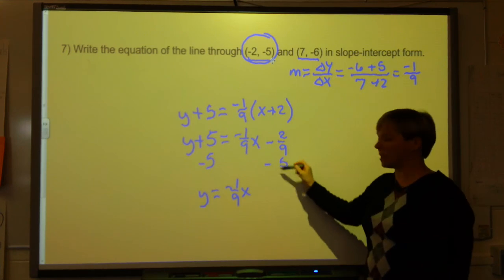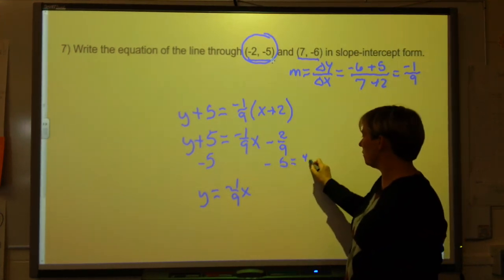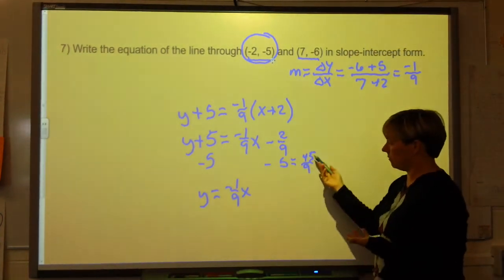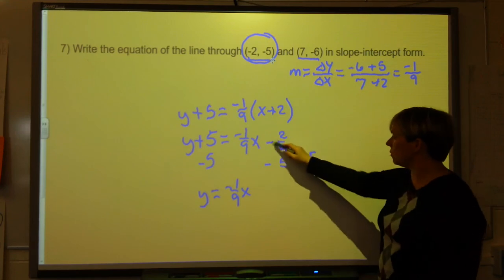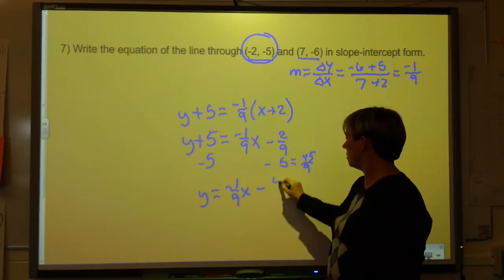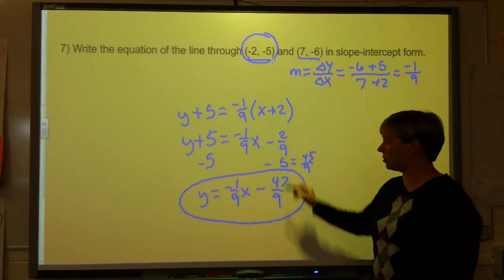Remember, when I'm subtracting with this negative number, you can change this into 45/9 because 45/9 is 5. So -2/9 minus 45/9 gives me -47/9, and there's my equation in slope-intercept form.